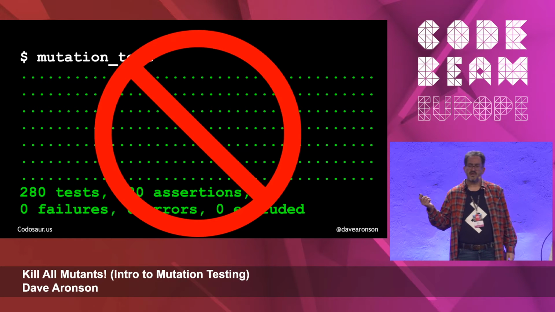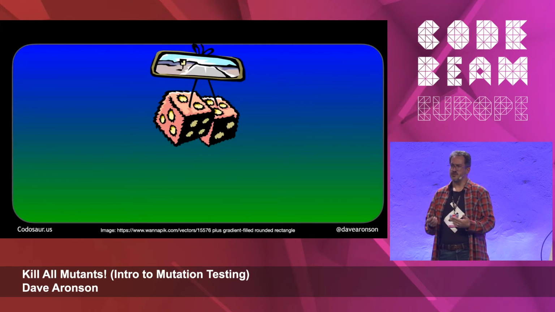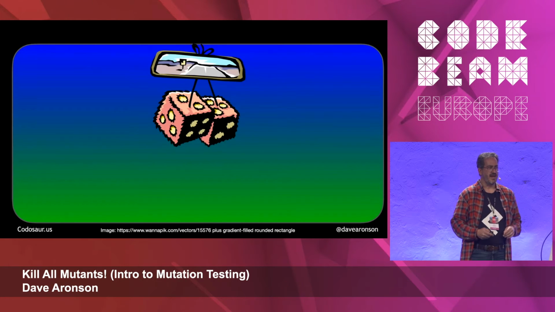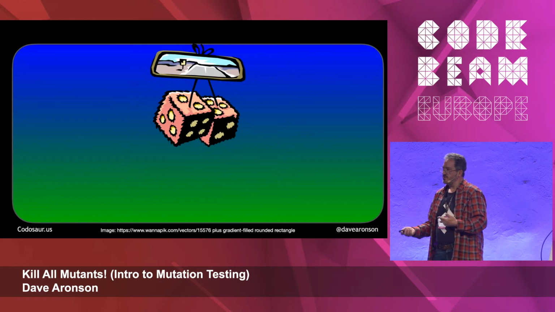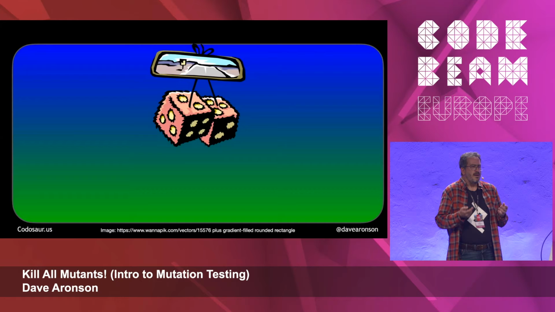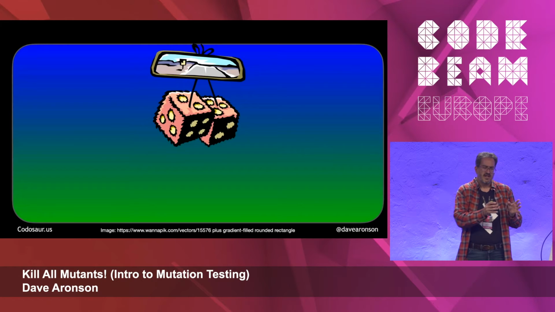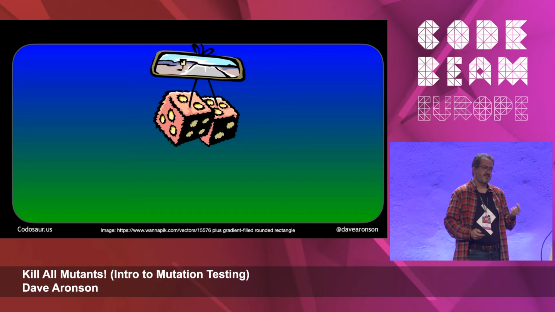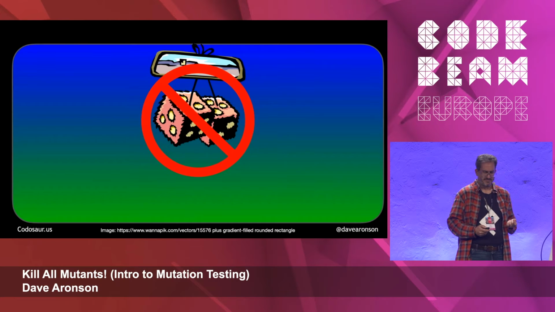Mutation testing has also been compared to fuzzing, a security penetration technique involving throwing a lot of random data at an application. You might also be familiar with property testing, a very similar thing which has been discussed at this conference already. Mutation testing is somewhat like fuzzing our code rather than fuzzing our data, and it's also not random.